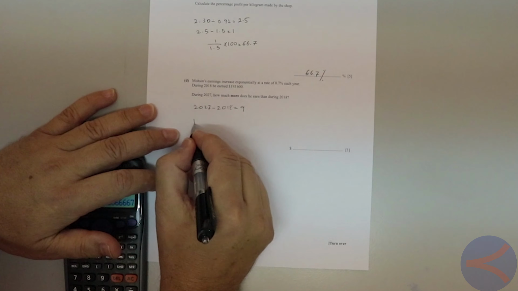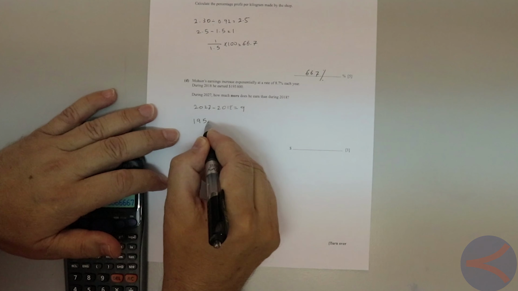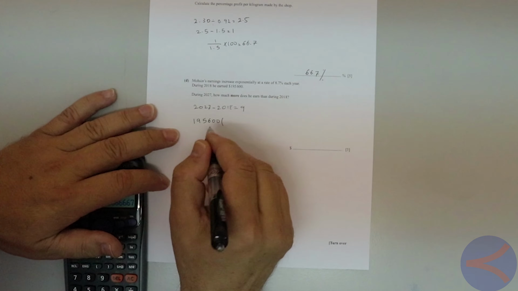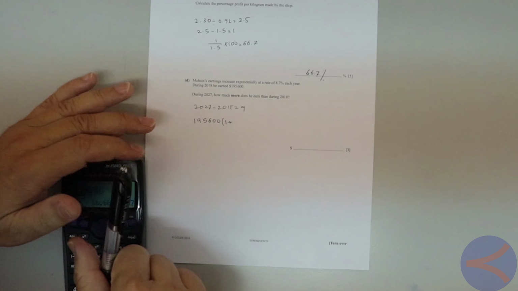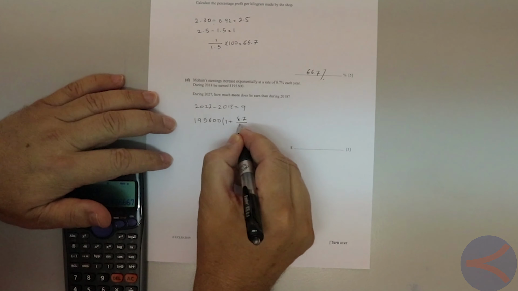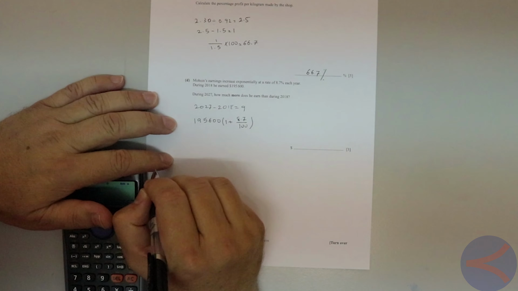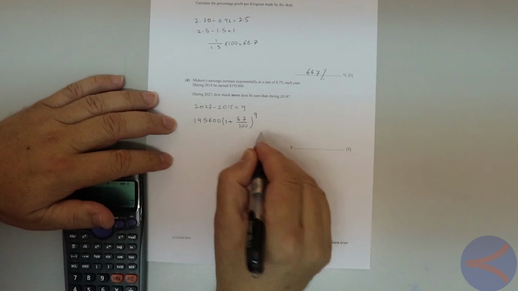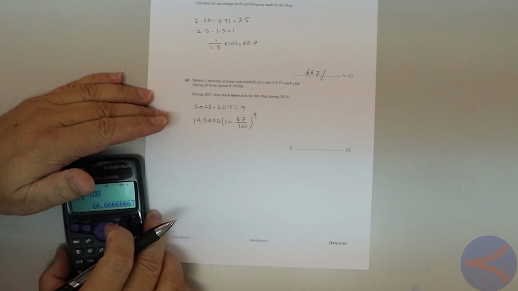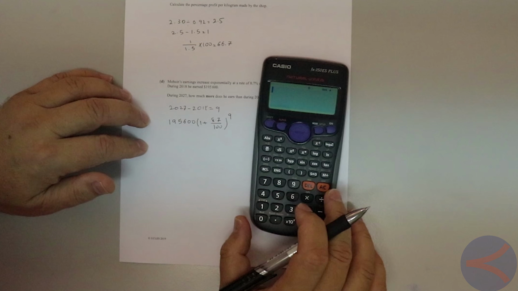The capital is 1,956,000 multiplied by 1 plus the rate. The rate is 8.7 divided by 100, this much percentage during 9 years. Therefore, you need to calculate this. You put it in the calculator to get the answer. Let us try to do that and see what we are going to get.